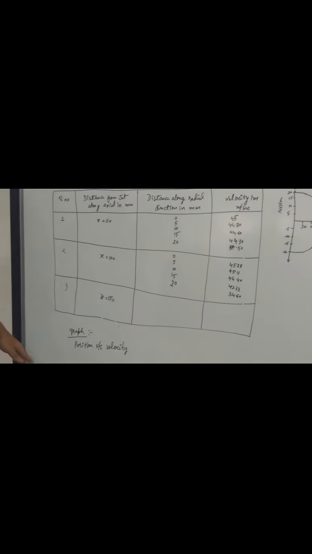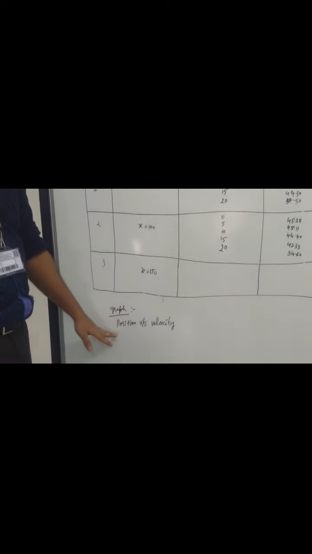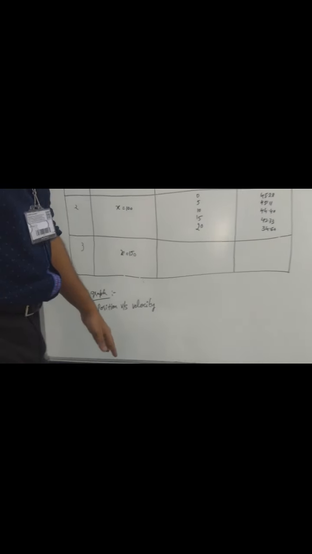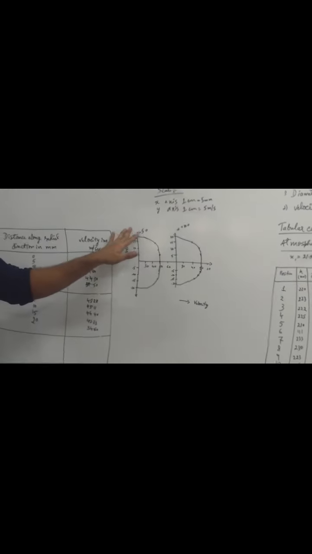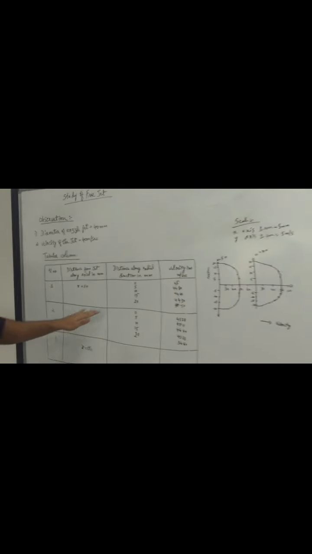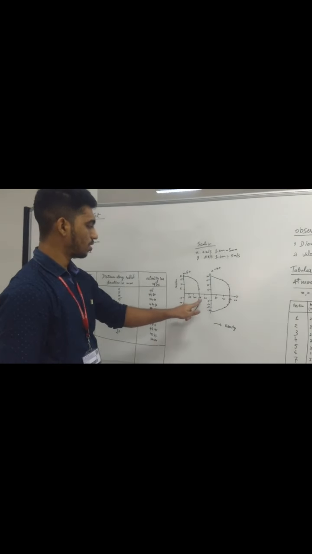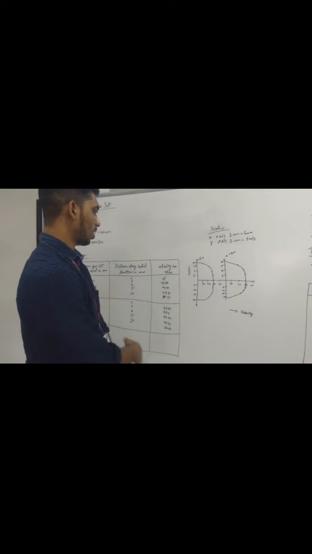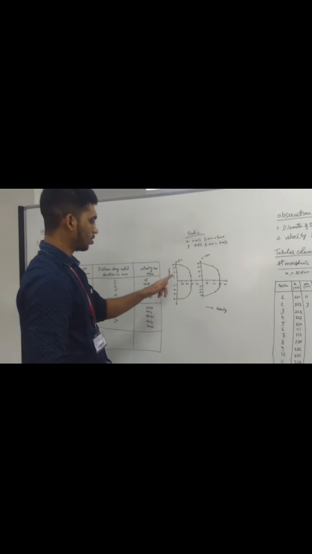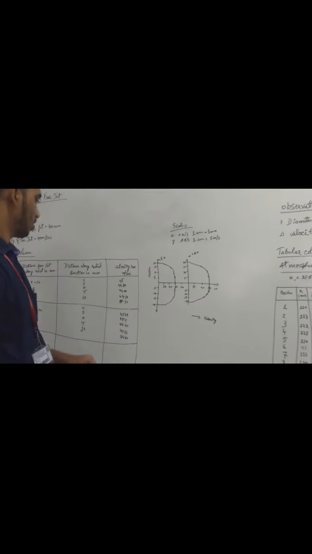We have to draw the graph, position versus velocity. We draw only for x is 50 and x is 100. The position is for 50. I have to draw the graph.